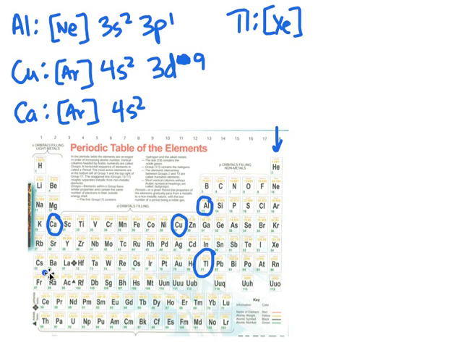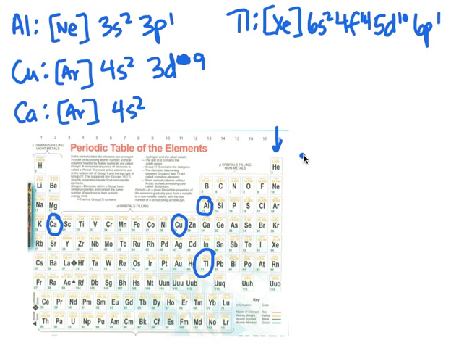Then after xenon comes 6s2, 4f14, 5d10, and 6p1. So again, you can see I backtrack till I hit a noble gas, and then I do the configuration from that noble gas up to the element. So 6s2, 4f14, 5d10, 6p1.